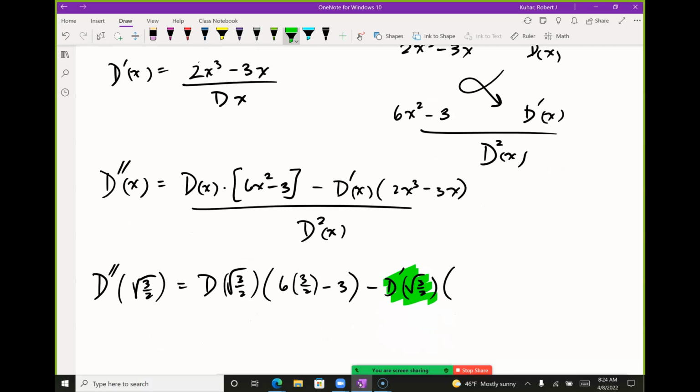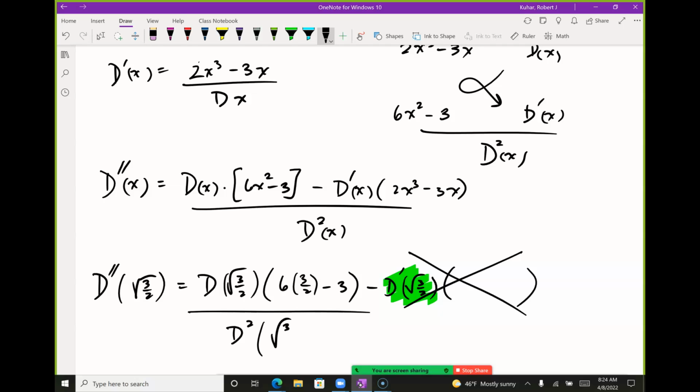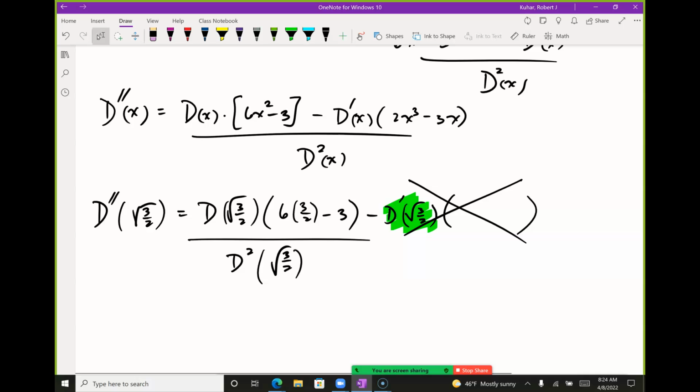Let's see. It should be a one second thought. It's 0 because it's the critical value of the first derivative. Because we already found it, yeah. So I don't even care about the rest of this. That piece is 0. So now I'm dividing by D squared of square root of 3/2, right?